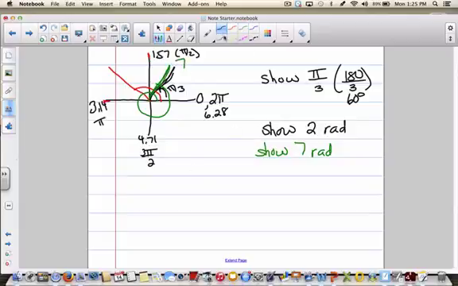If they asked me to show, trying to think, I don't want 3 over 2, let's do 4 over 3 pi. Well, 4 divided by 3 is like 1.3 pies.